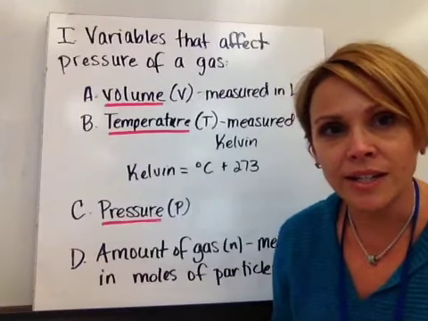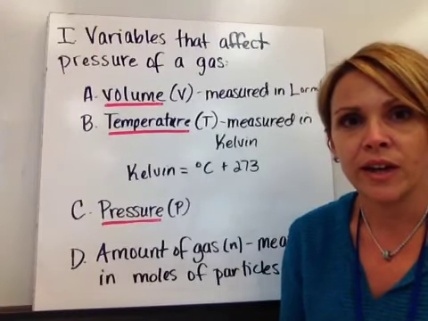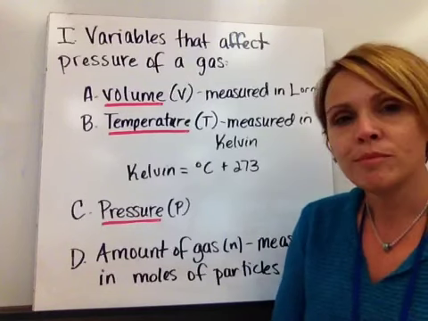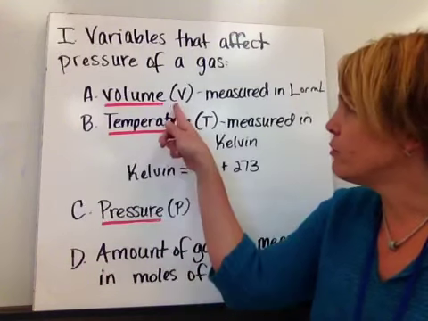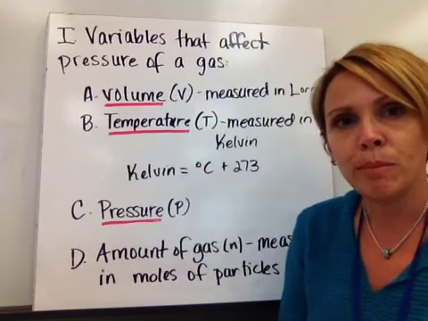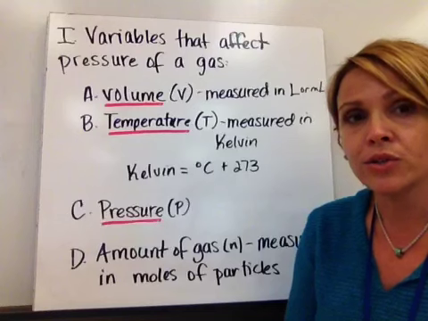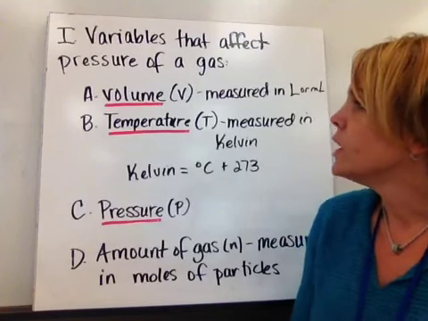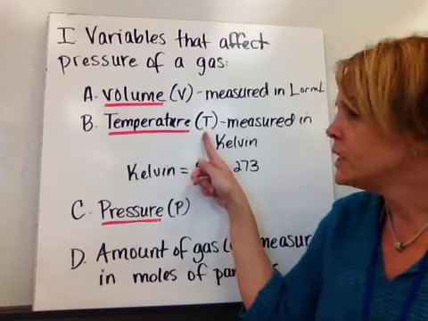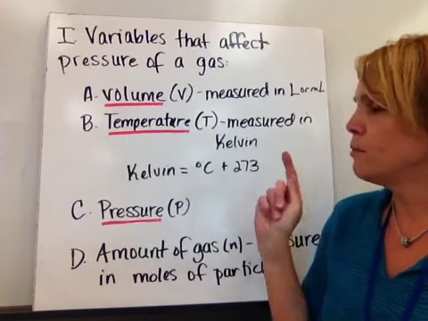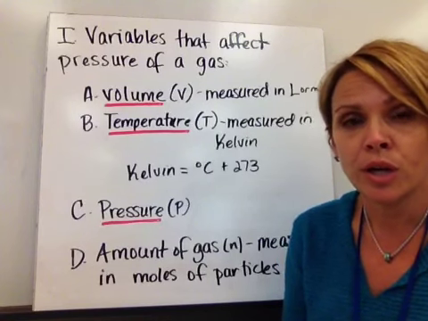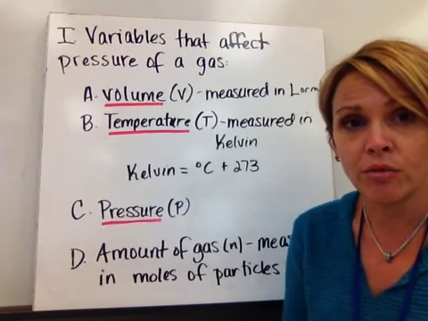Okay, so like I said, there are 4 variables that affect the pressure of a gas, and they are listed here for you. Volume is one, and we always represent volume with a V. And of course, you probably remember that we measure volume in liters or milliliters. Temperature is always expressed with a T, and we measure temperature when we're doing work with pressure in a new measurement unit called Kelvin.